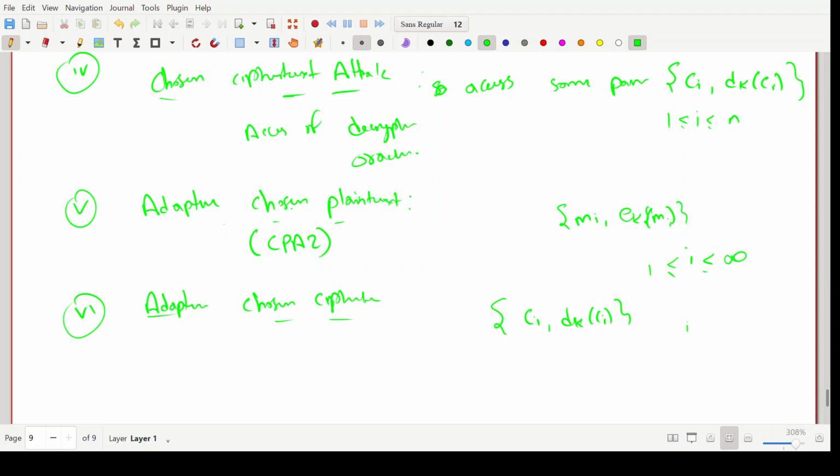Again, i runs up to infinity except the desired one. So this is equivalent to having access to the decryption oracle for messages chosen by him adaptively.